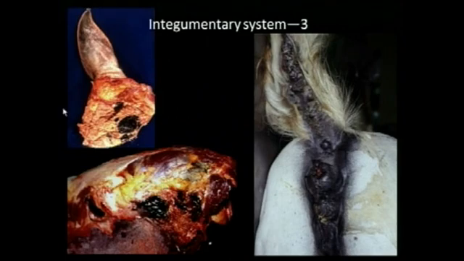These two pictures on the left show the black mass, base of the ear here, parotid region here, same horse, and a black mass in that region is melanoma. These tumors are potentially malignant, so we do use the term melanoma. A lot of times for the juvenile tumors, we would use the term melanocytoma because those tumors are almost always benign.